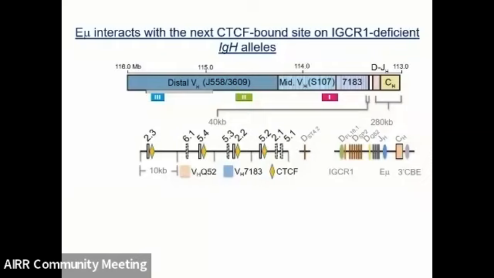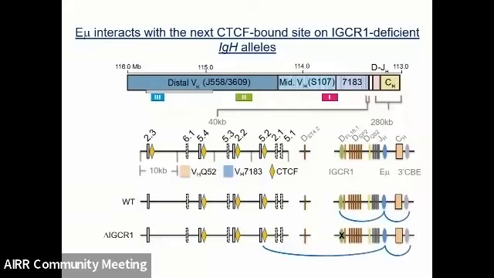So what we found using these chromosome conformation assays is that on IGCR deleted alleles, the enhancer, instead of making this 70 kb loop, makes this 170 kb loop that goes precisely to the first available CTCF bound site in the genome.